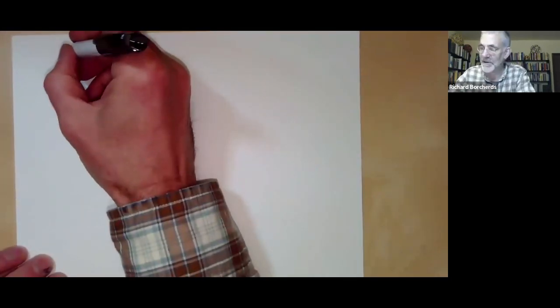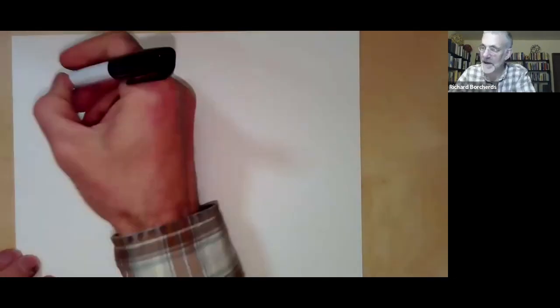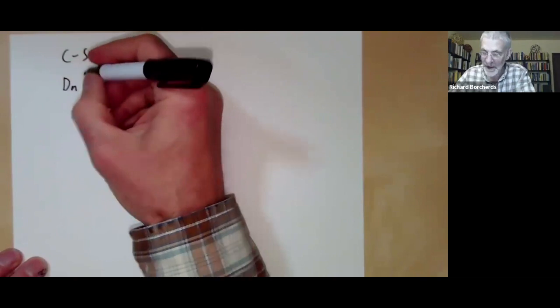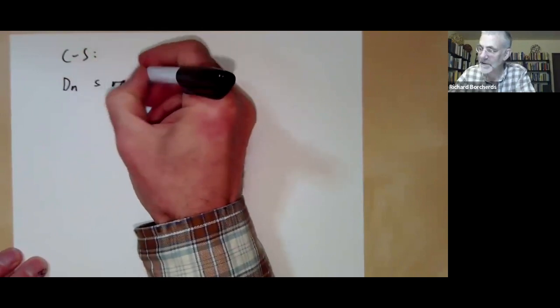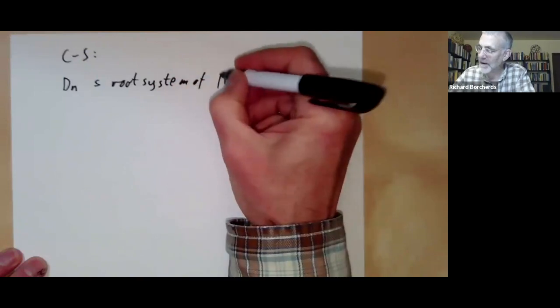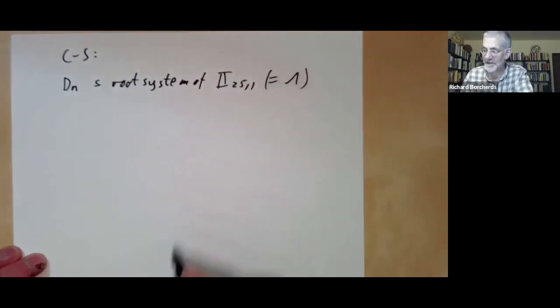So what I'm going to do now is to discuss Conway and Sloane's interpretation of Vinberg's results in terms of this 26-dimensional space. The point is, suppose we take a Dynkin diagram D_n contained in the root system of II_{25,1}, which, as we saw, was just the Leech lattice in some sense.